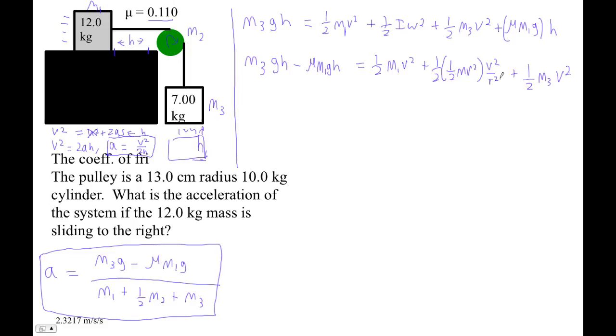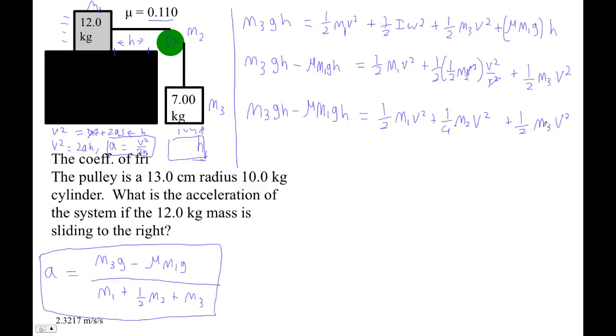All right, and then obviously the same thing happens, right? We end up with m3gh minus mu m1gh is 1/2 m1v squared plus 1/4 m2 plus 1/2 m3v squared.